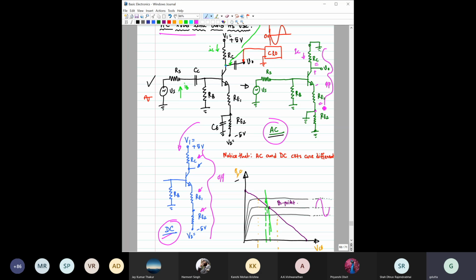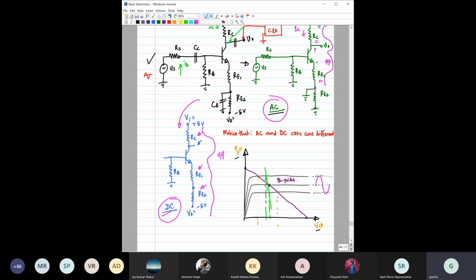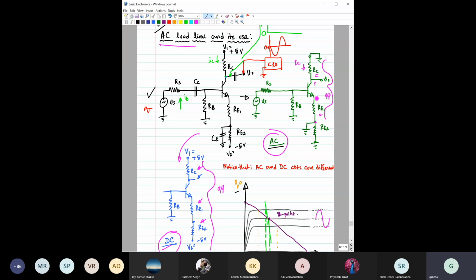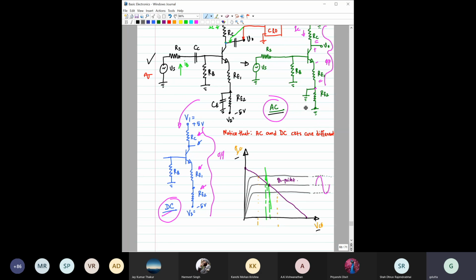So if you now find the slope, before going to that, how can we write the equations for this output loop? I think we have written it a couple of times, but for the sake of completeness, maybe we can write it once again. Could you please write for the DC one? What would be the KVL along this loop?